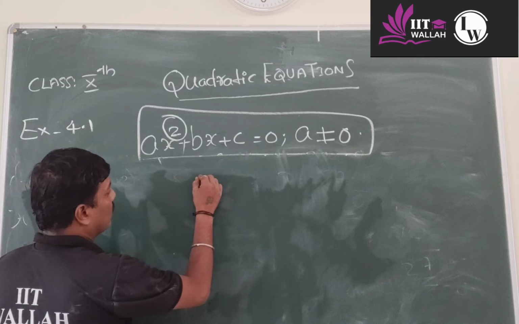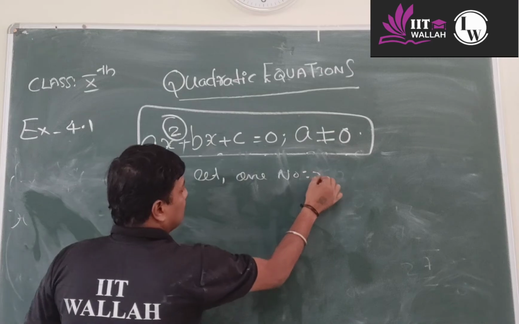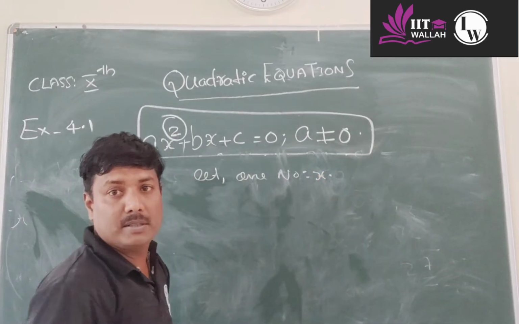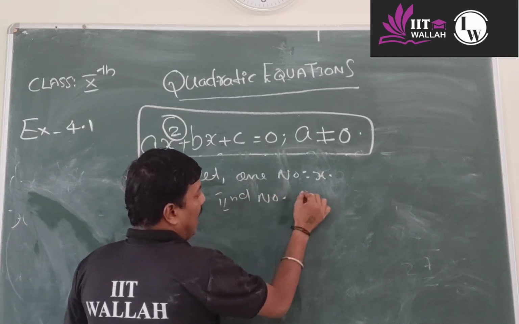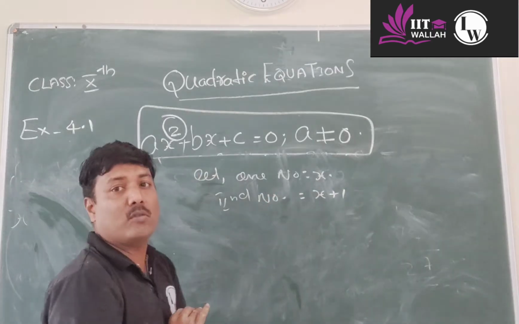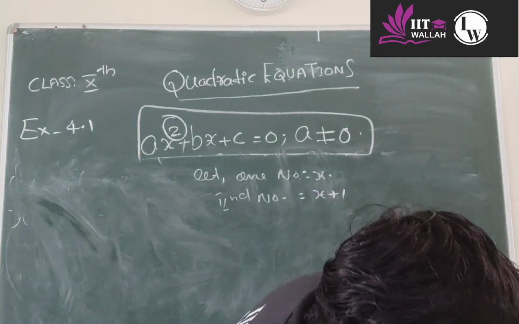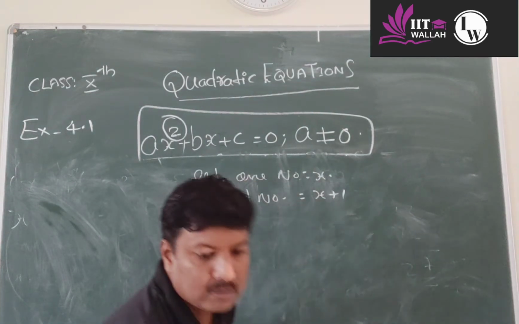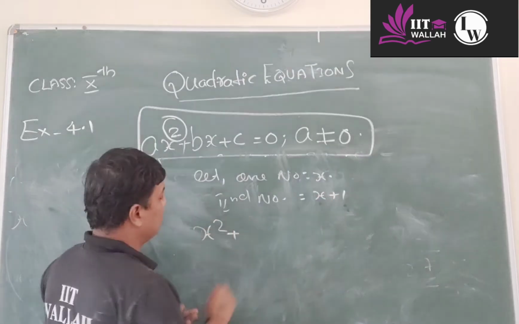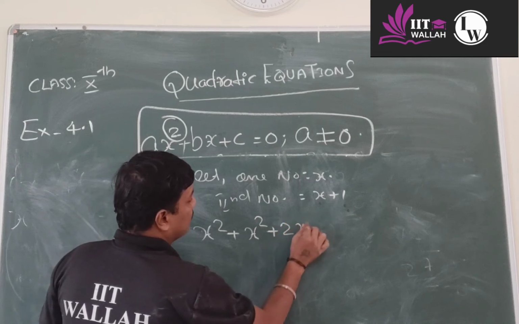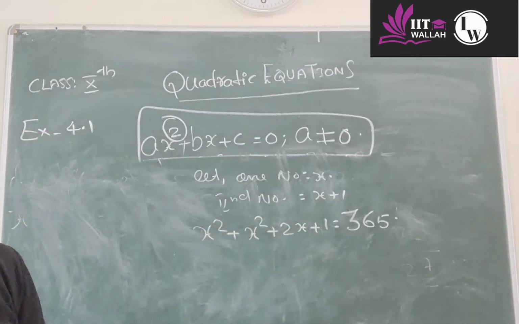So let one number be equal to x. They are consecutive numbers, so the next number, the second number, can be x plus 1 or x minus 1 also. Okay. And sum of whose squares is 365. So that means x square plus (x plus 1) whole square, means x square plus 2x plus 1, is equal to 365. Okay.